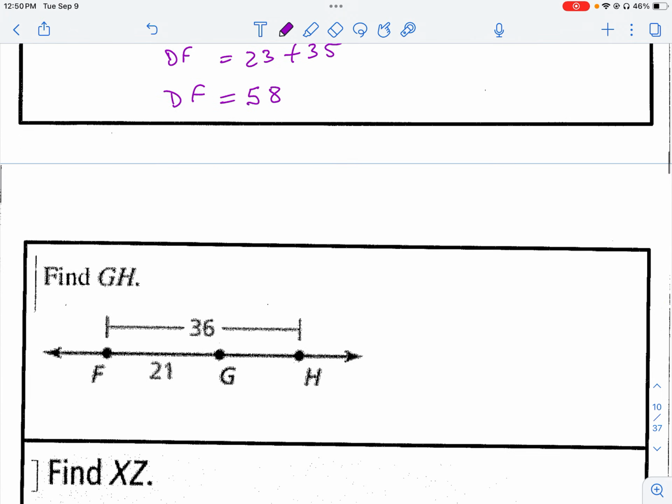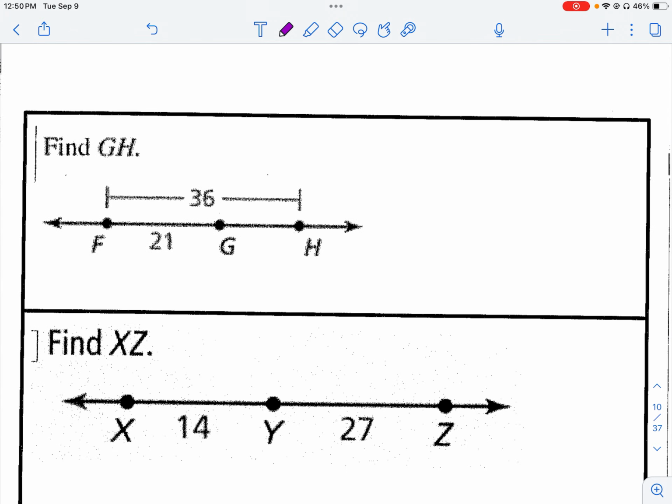Well, what if we have a circumstance where we know the big one and a little one? Well, nothing changes. The big segment FH equals the two smaller segments, FG plus GH. And we're just going to plug in the information we know.